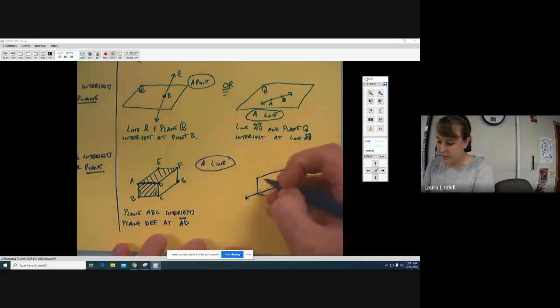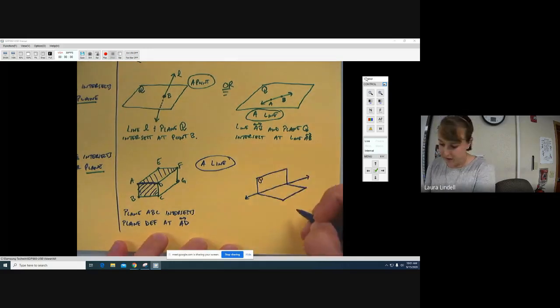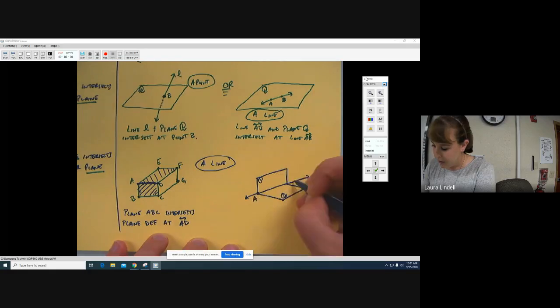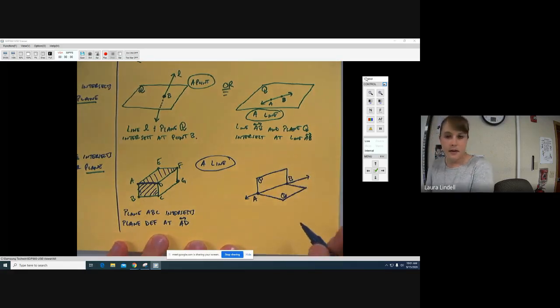So I'm going to call this plane P, and we'll call this plane Q. And this is point A and point B. So plane P intersects with plane Q all along this line here.